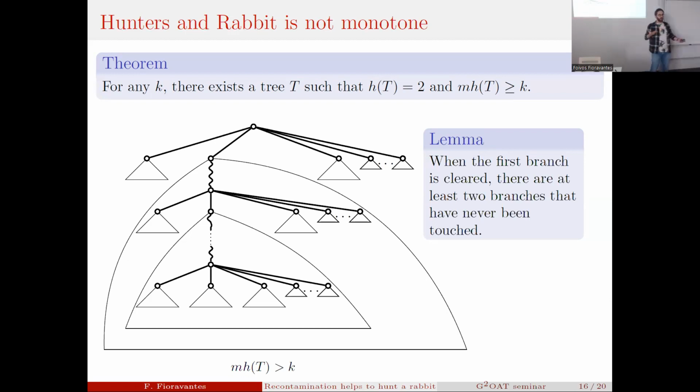There is going to be a moment where the first branch is cleaned, if it's a winning strategy for the whole thing. So on that moment, there are going to be 2 branches that have never been shot. If not, then the strategy is not monotone. We can prove that the strategy is not monotone. So there is a moment where this happens.